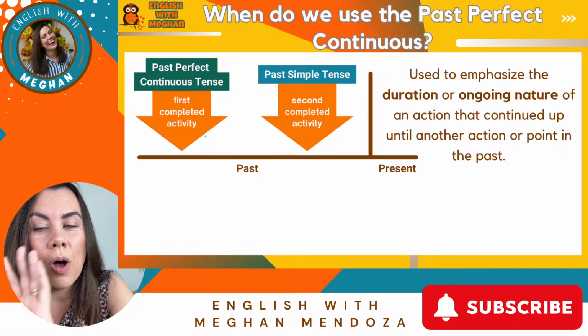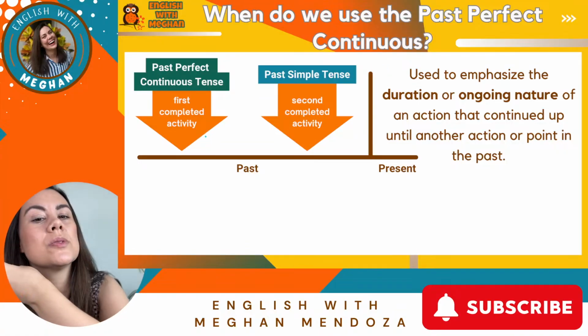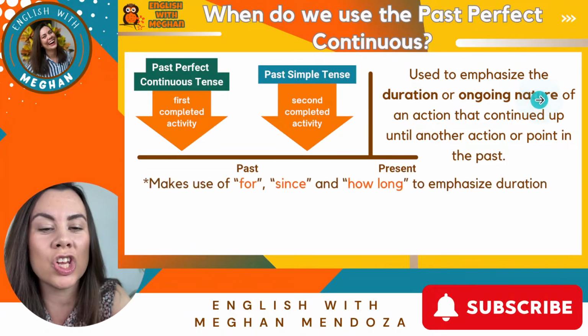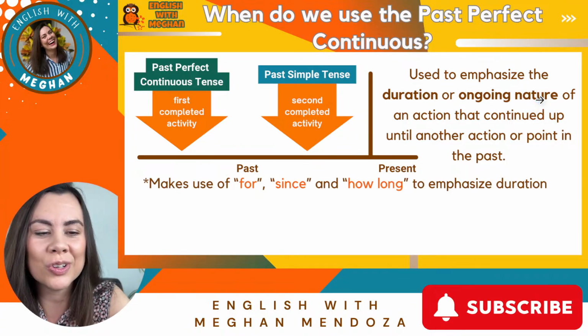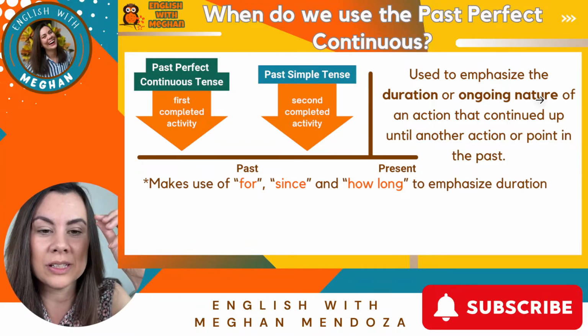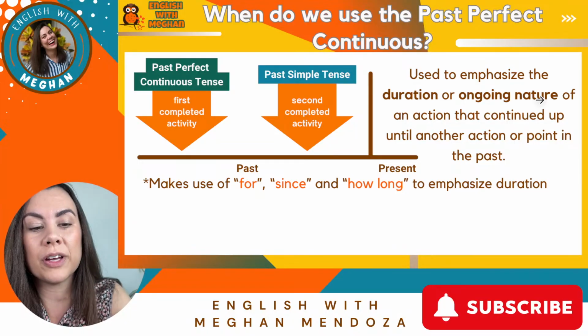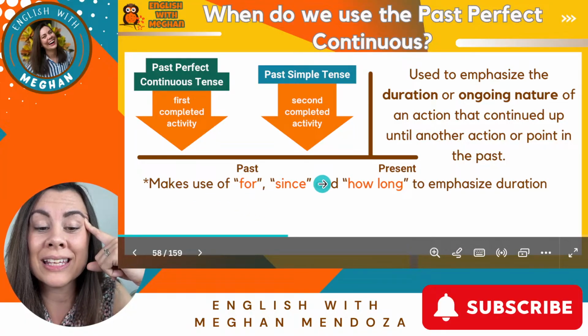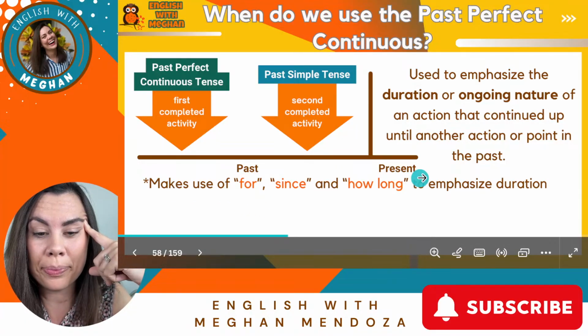So this is all about, when we talk about the continuous tense, the emphasis is always on the continuation, the continuous duration. So usually when we're using continuous tenses in the perfect, we use for, since, and how long, to emphasize time.